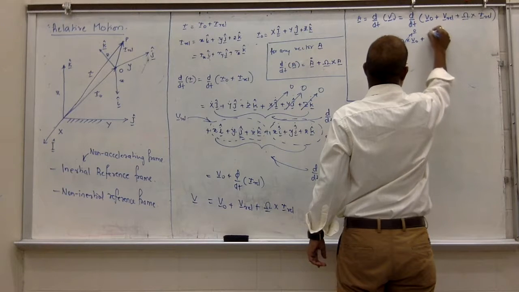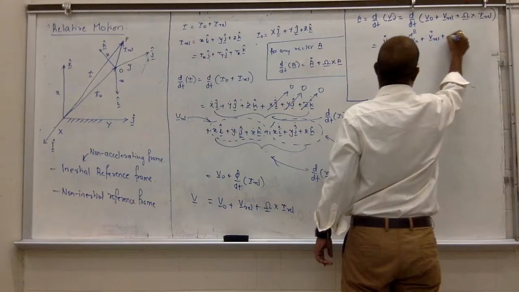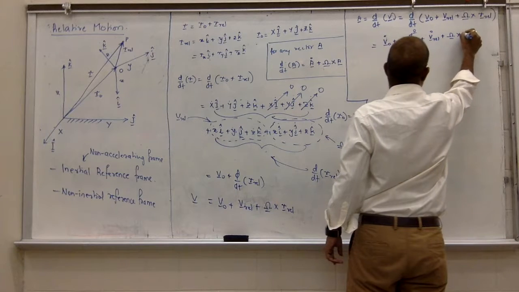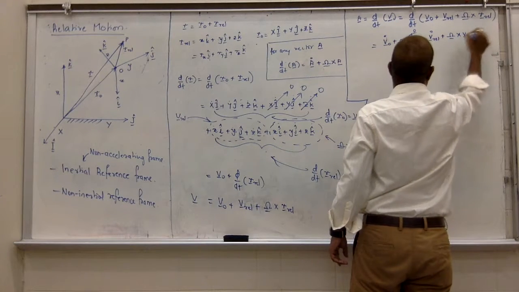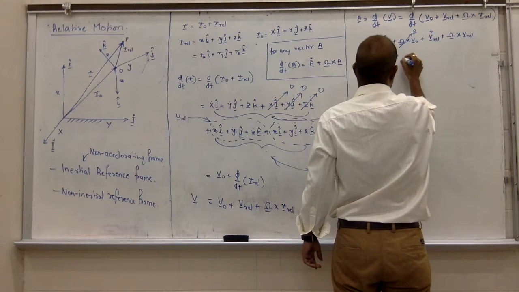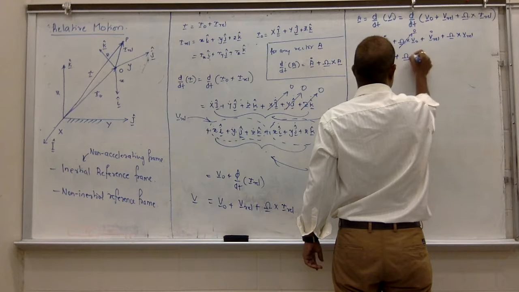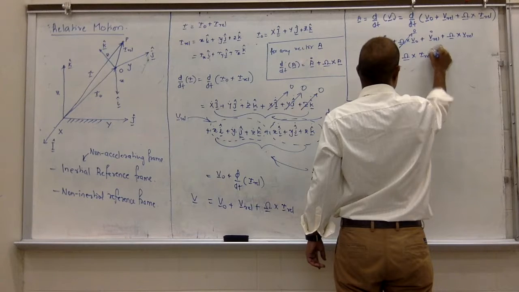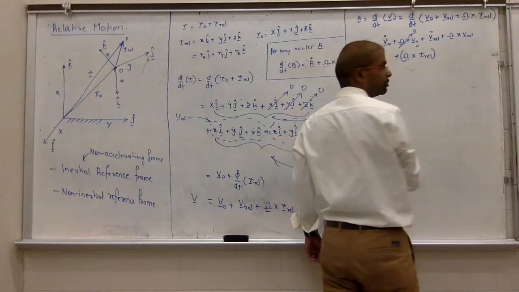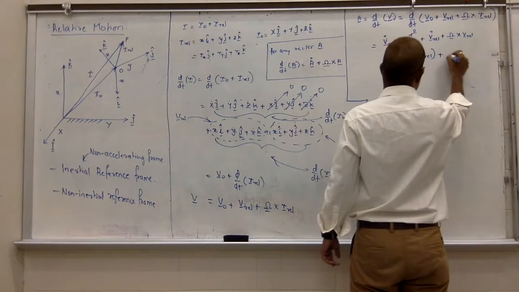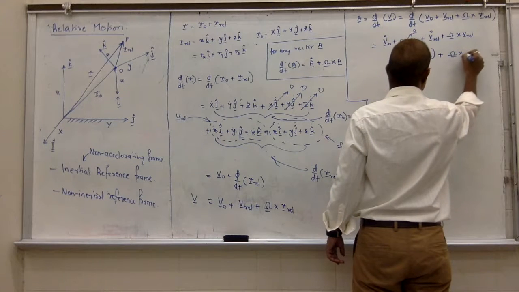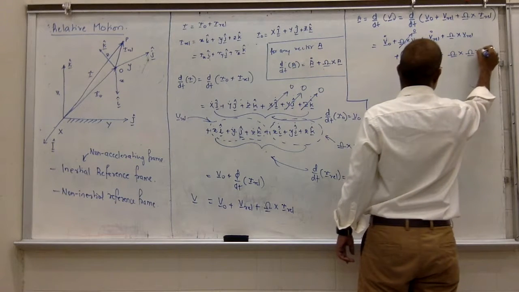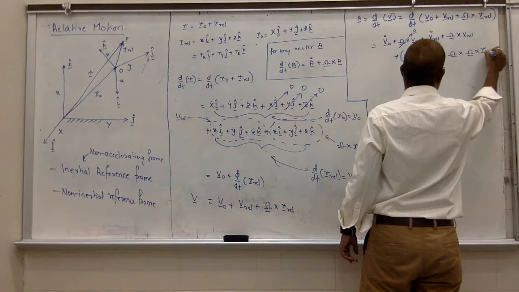Plus V relative circle dot plus omega cross with V relative plus omega cross with R relative, this whole circle dot plus omega cross with R relative.